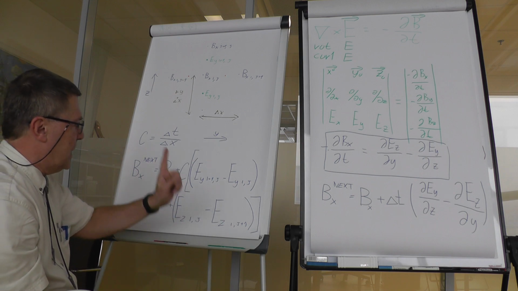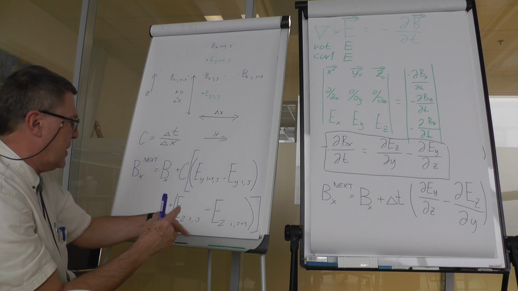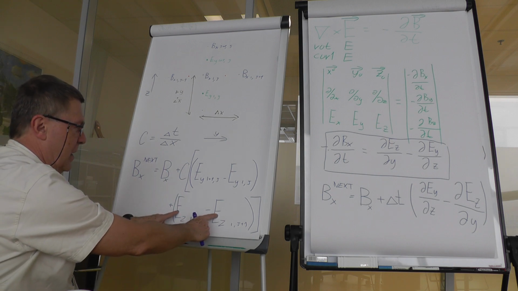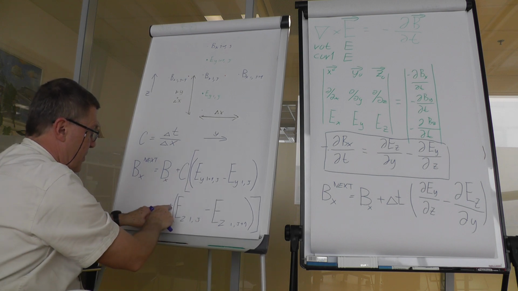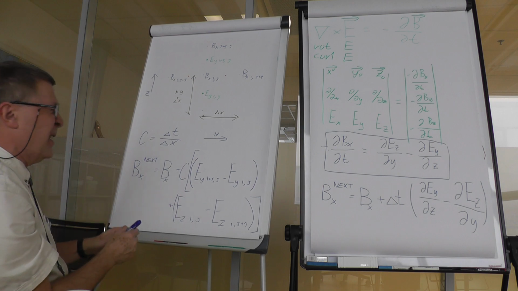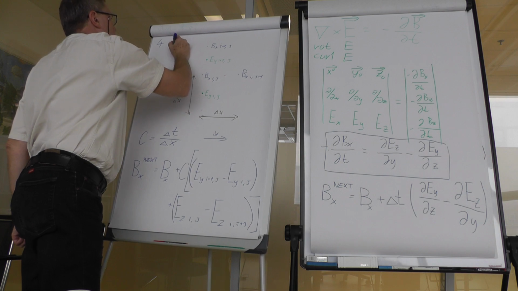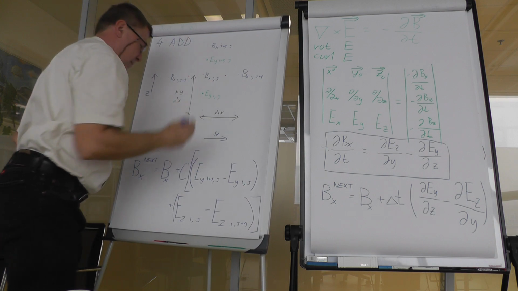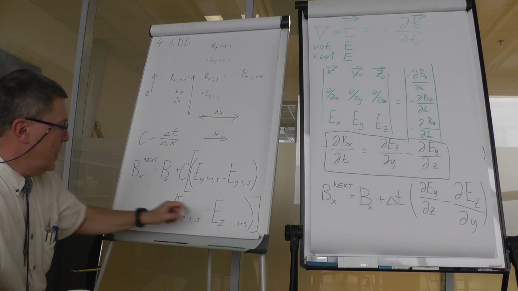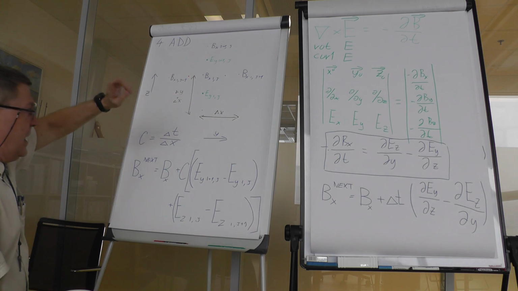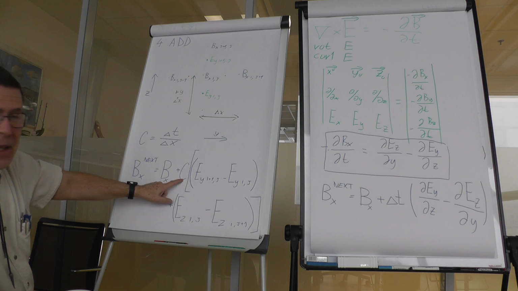Now let us calculate the number of operations we have to do to update one point. So we have 1, 2, 3, 4 additions. Again, 1, 2, this together 3, and there is another addition, 4 additions, and 1 multiplication.